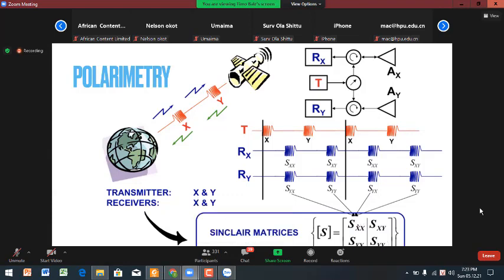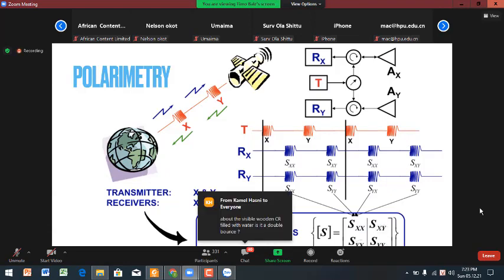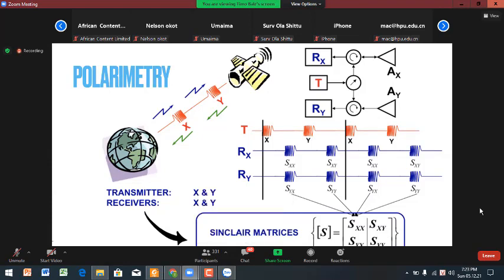Okay, before we used HH, VV; sometimes in polarimetry, they write XX and YY. It's the same thing. Okay, and then XY and YX for HV and VH. And you put them then into such a matrix together for all polarizations. That's the so-called Sinclair matrix.